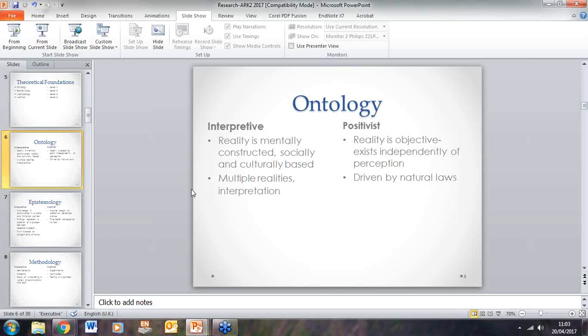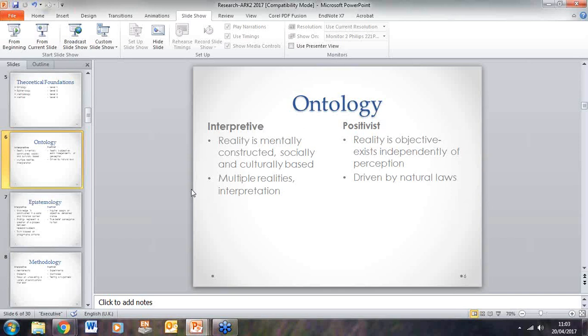So in the literature, you might see constructionism, social constructivism, as another term used for an interpretive ontology. And what I mean by that is, there is no truth or right or correct answer. There's just, to coin a slightly inappropriate phrase, 50 shades of grey, or 50,000 shades of grey, actually.